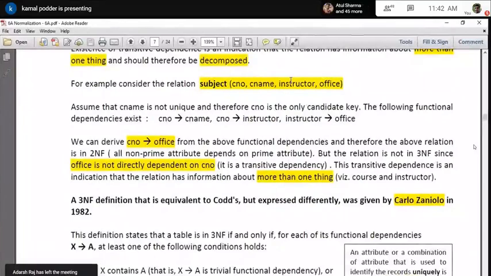Instructor is one object, and you are trying to keep the information of the instructor. At the same time, this other piece of information is the course information. So these are two different objects, but you are clubbing them together and keeping all this information in a single relation, and that will create the problem. And what is the indication of that?